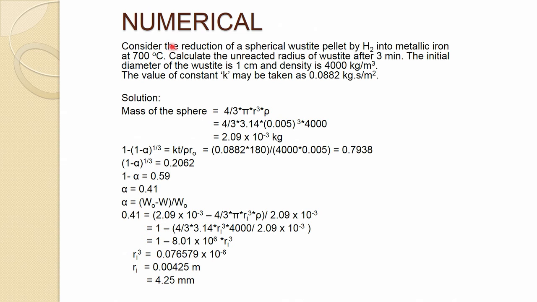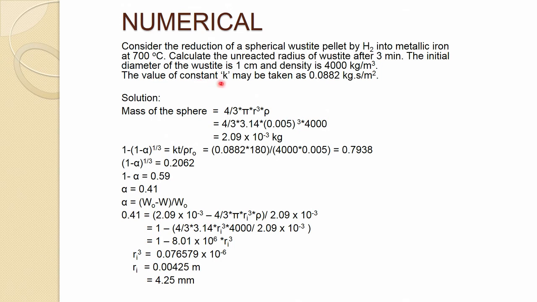Consider the reduction of a spherical Wurtzite pellet by hydrogen into metallic iron at 700 degrees Celsius. Calculate the unreacted radius of Wurtzite after 3 minutes. The initial diameter of the Wurtzite is 1 centimeter and the density is 4000 kg per meter cube.